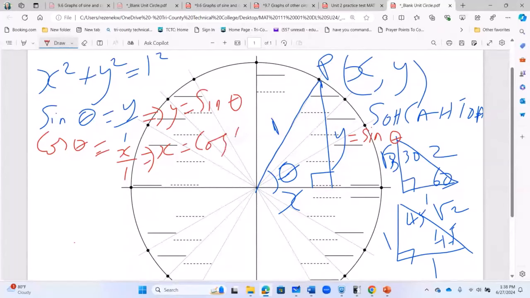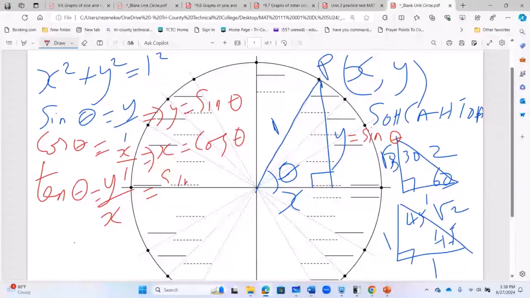That's why. And then tangent of theta is equal to sine over cosine. Tangent of theta is opposite over adjacent, y over x, which is the same as sine theta over cosine theta.